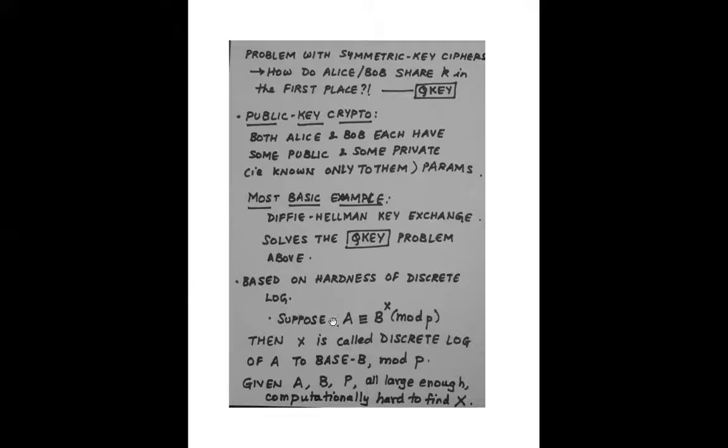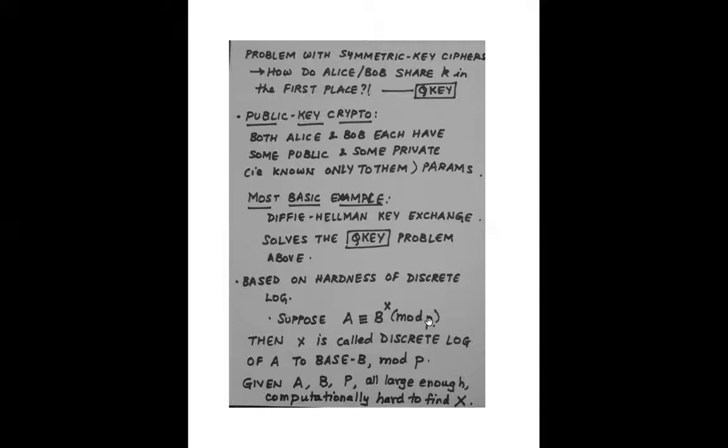Supposing we have a congruent to b to the power of x mod p. If you have forgotten this notation, I suggest that you go back to your 12th standard textbook and learn it. One number is congruent to another number mod p if the first number minus the second number is divisible by p.